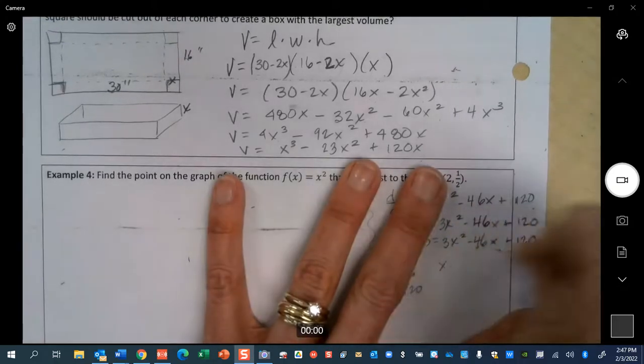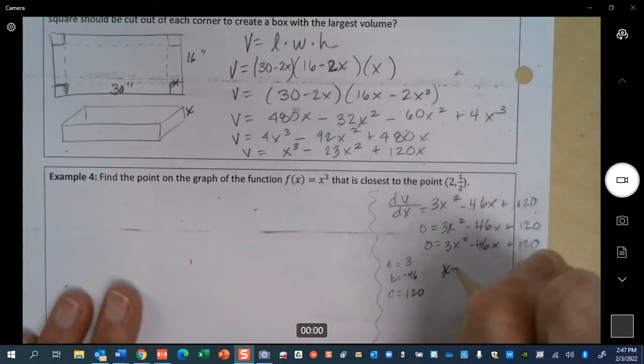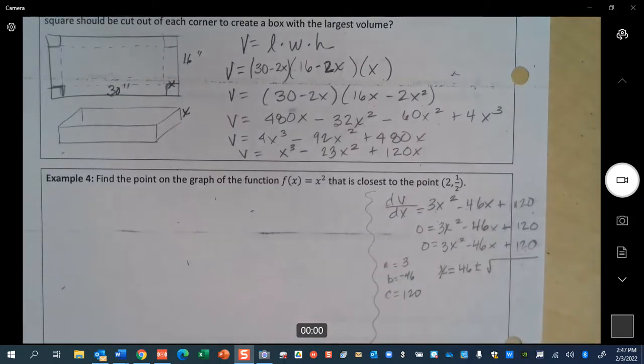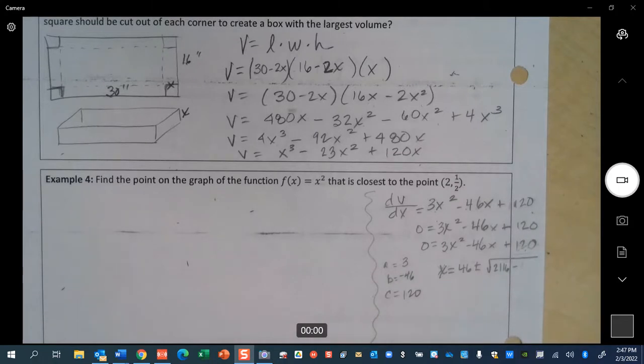So quadratic formula has x is equal to the opposite of b, which is 46 plus or minus the square root of b squared, which is 2,116 minus 4 times a times c.